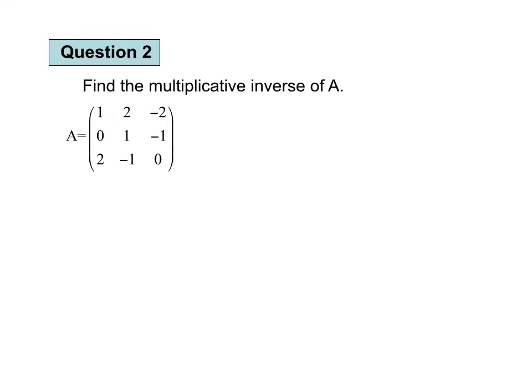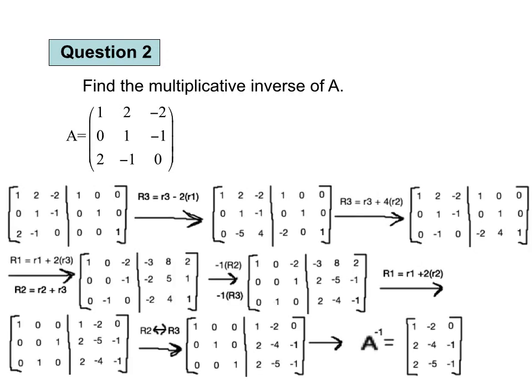Okay, now let's move on and try a question on our own. So, pause the video and try it yourself. Now that you've gone through it yourself, let's go through the steps together.